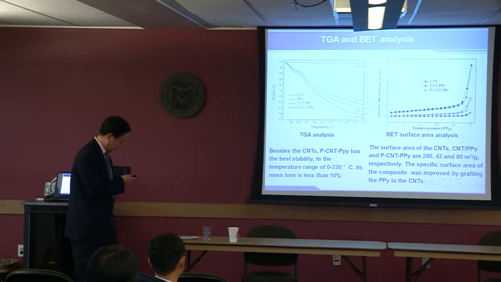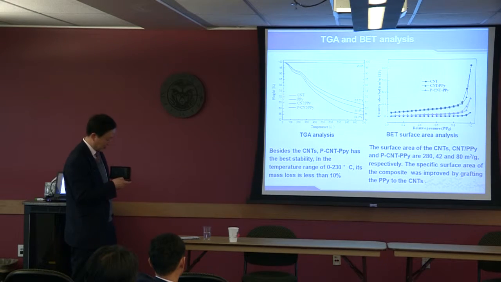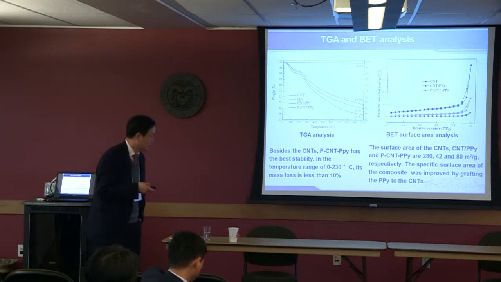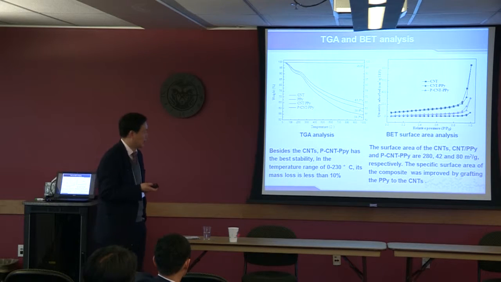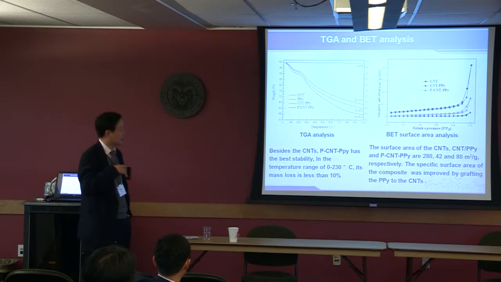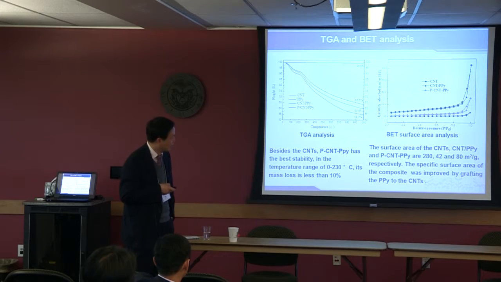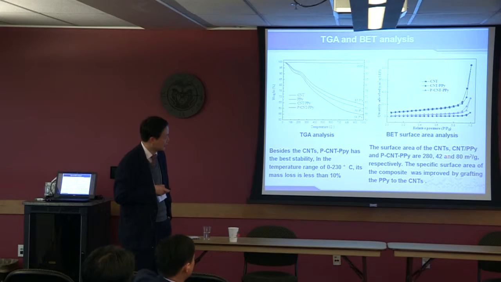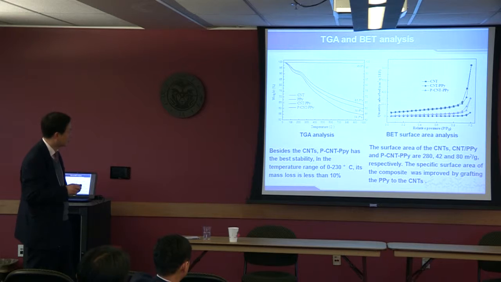Okay. Further, we do some measurement to quantify the change of the surface area after activation with the plasma, and further after introducing the pyrrole monomer on the surface of the tube. We found, see here, after activation compared to the initial one, the specific surface area decreased, and that's an interesting point that we explain.